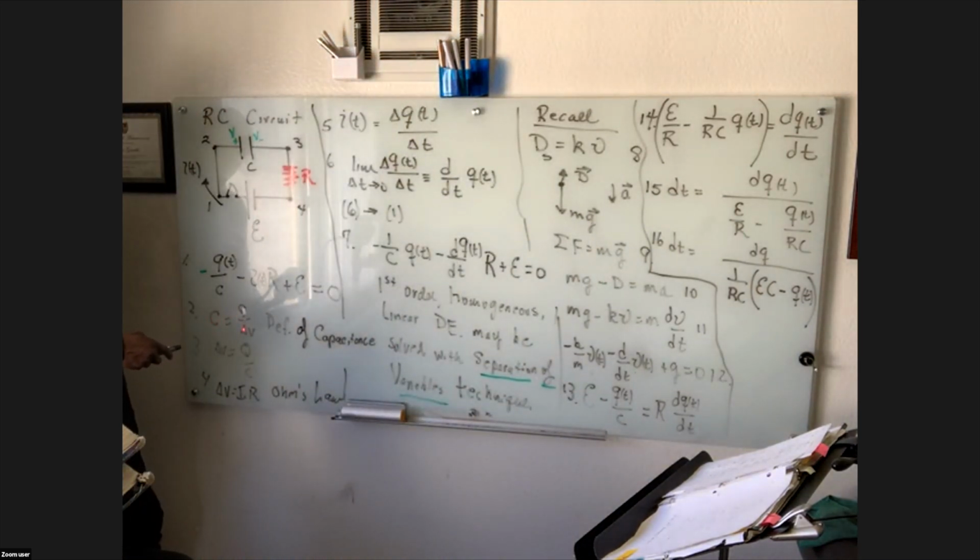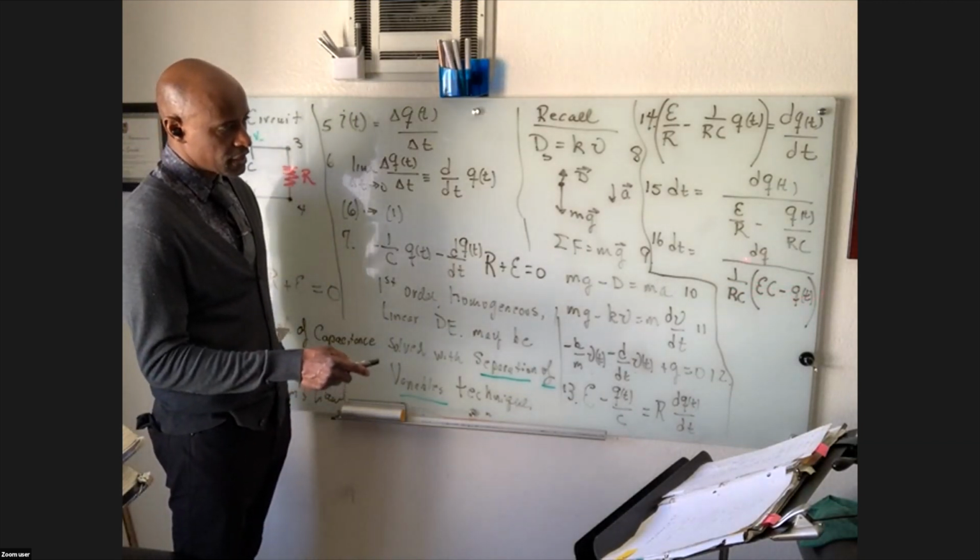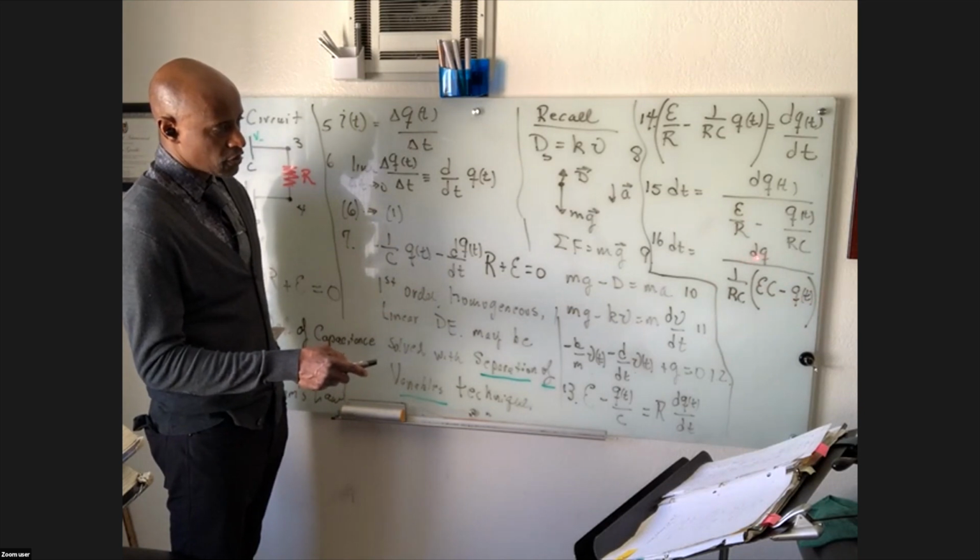Capacitance is equal to charge over voltage. So charge is equal to voltage times capacitance. So this thing has units of charge, that has units of charge, obviously. The differential is in terms of charge.